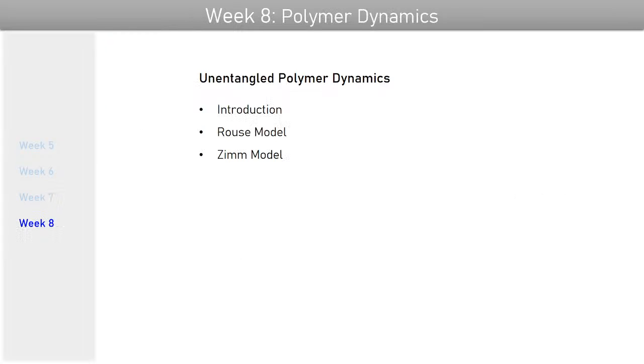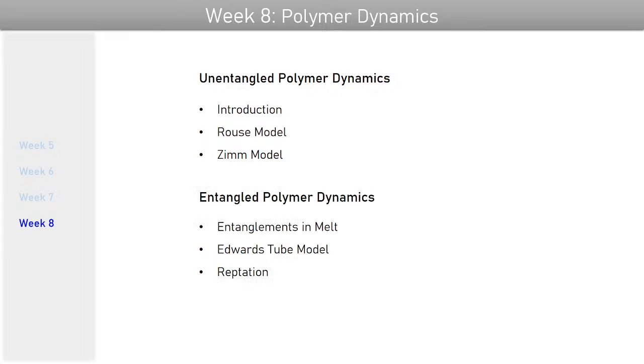focused on polymer dynamics. So we only touched upon the introductory topics in polymer dynamics. Polymer dynamics itself is quite an advanced topic, and we just focused on the simpler introductory aspects of polymer dynamics. So in terms of unentangled polymer dynamics, we studied the Rouse and Zimm model.